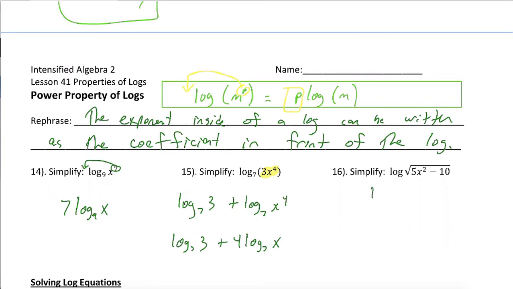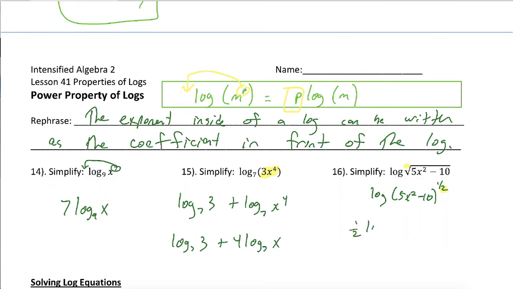So the square root of 5x squared minus 10 is also the same thing as 5x squared minus 10 to the 1/2. We call those rational exponents. We remember the connection between the denominator of the exponent and the index of the radical, which in that case was the invisible 2. So now we can absolutely pull out the 1/2.